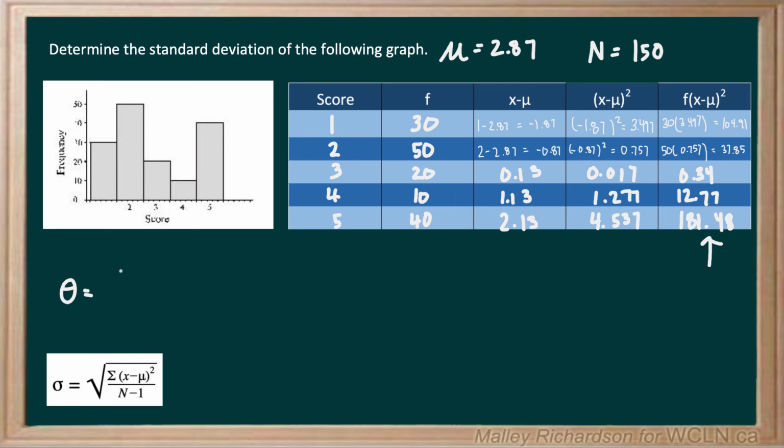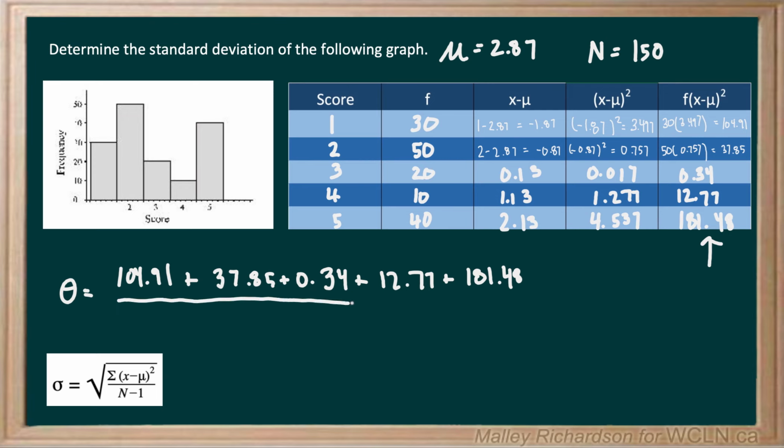So the sum of this column is 104.91 plus 37.85 plus 0.34 plus 12.77 plus 181.48.